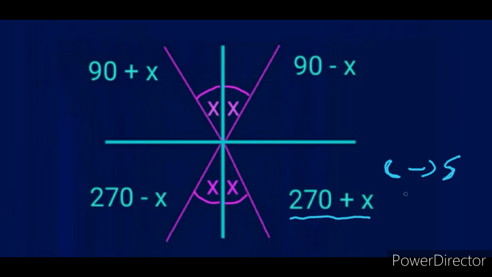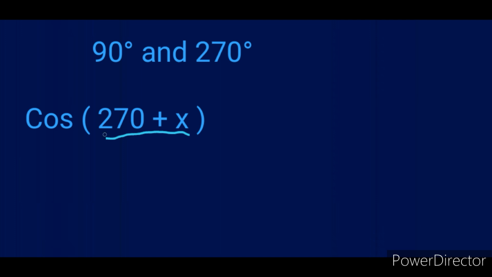Because we saw 270, cos will change to sine. Because cos is positive in the fourth quadrant, what it changes to will be positive. So therefore, it's going to be sine x. And there we have it.